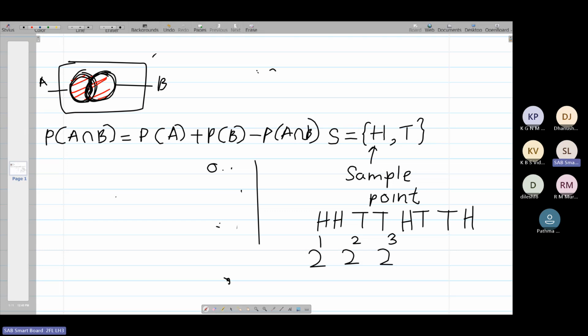Then probability of A plus probability of B minus intersection. Sorry, it's not intersection, it's union.